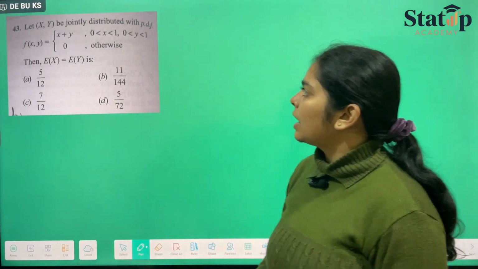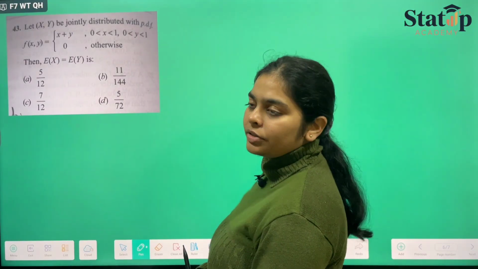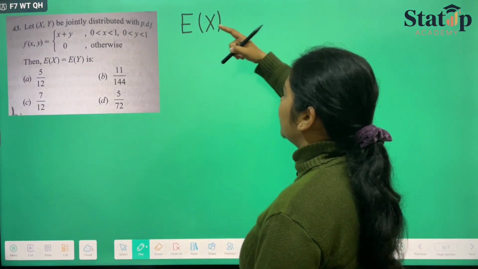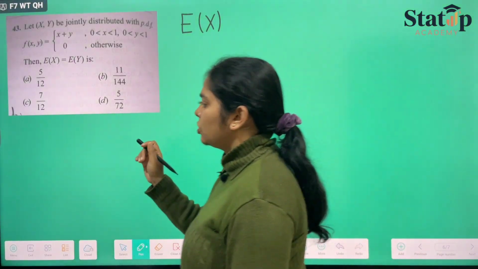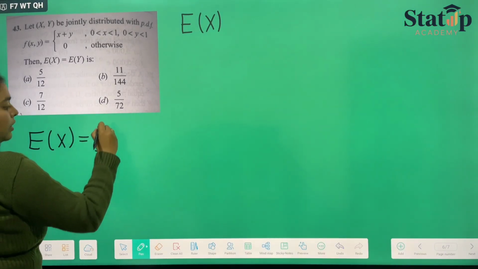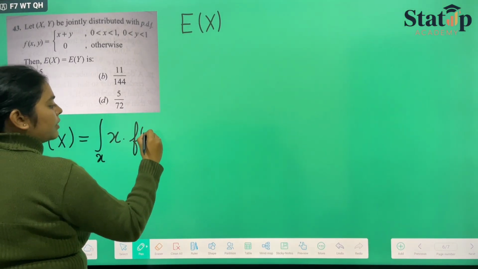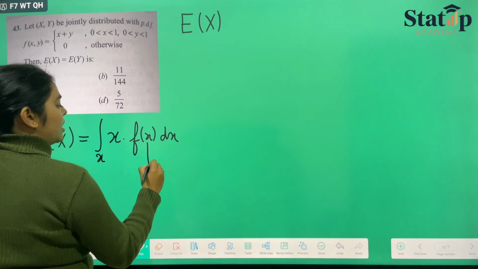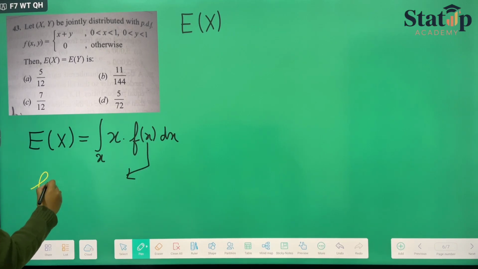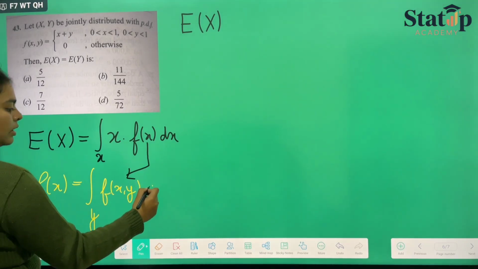In this question, they have given us that X and Y are jointly distributed with a joint PDF, and they have asked us to calculate the expectation of X equal to the expectation of Y. If we have to calculate the expectation of one variable out of two joint variables, then first of all we have the integration of x into fx dx, but this fx can be obtained from our joint probability function, as fx is the integration over y of fxy dy.